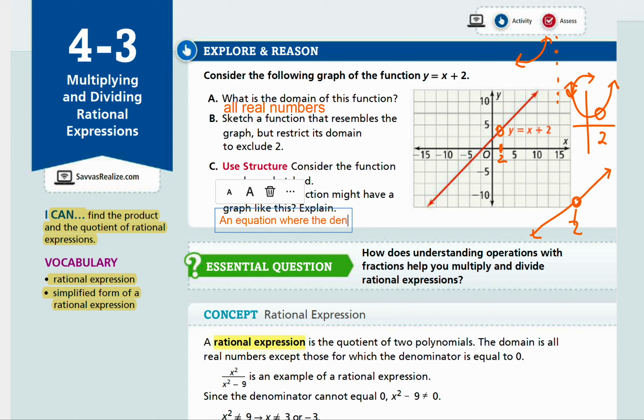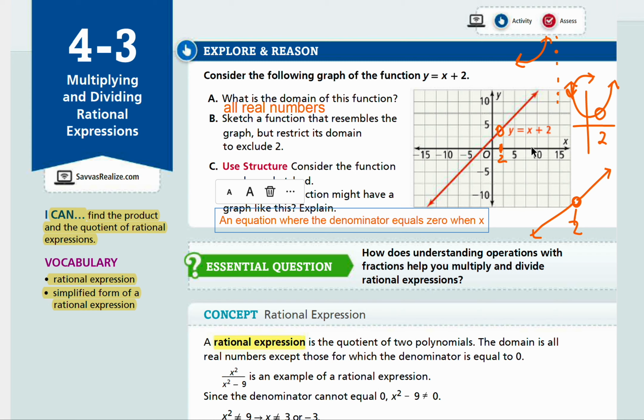But for example, we can have a denominator that is x minus 2, which will make the denominator equal to 0 when x is equal to 2. And then the numerator could be any other expression. We could have x plus 2 or x minus 1, x plus 4. The numerator doesn't really matter actually.